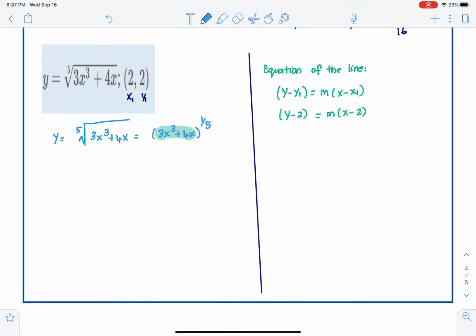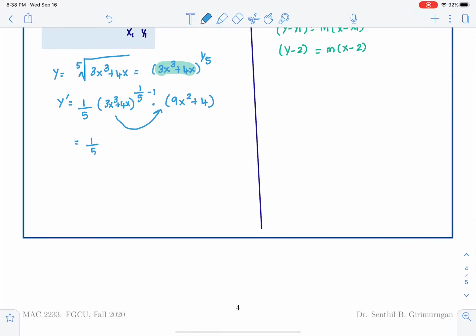So using chain rule, if the shaded part were to be x, the derivative would simply be 1 over 5, 1 over 5 minus 1. So the part inside is 3x cubed plus 4x. Since it's not x, rather a function of x, we have to take the derivative of the term that is inside. The derivative of that is 9x squared plus 4.